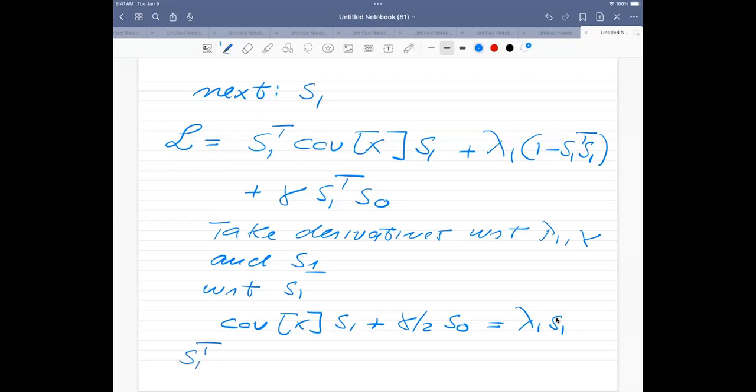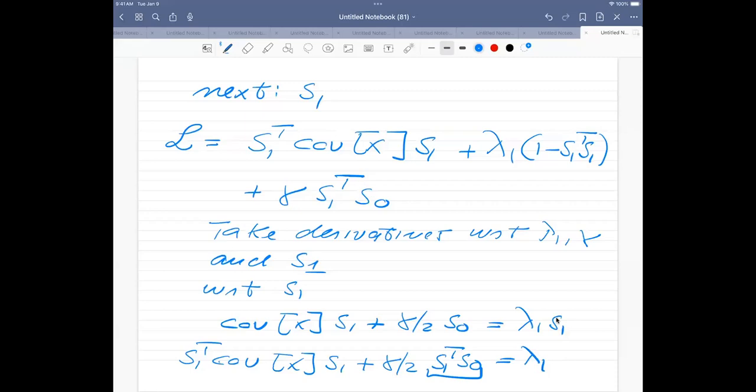So you do that. Plus gamma half of S1 transpose times S0. This is imposed to be 0. When you take the derivative with respect to gamma, that leads to this relation being equal to 0. And this is equal to lambda 1 times S1 transpose times S1, which you have required to be equal to 1.